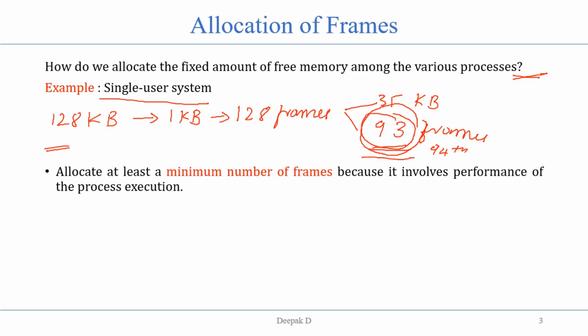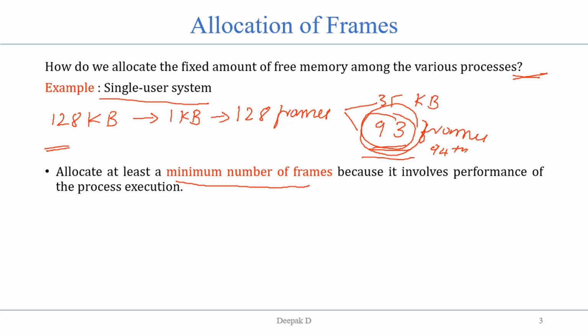The next concept is the minimum number of frames. Remember, the strategies for allocating frames have different constraints and restrictions, because we cannot allocate more than the total number of available frames to a process.